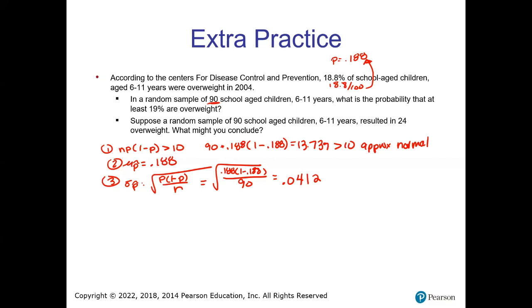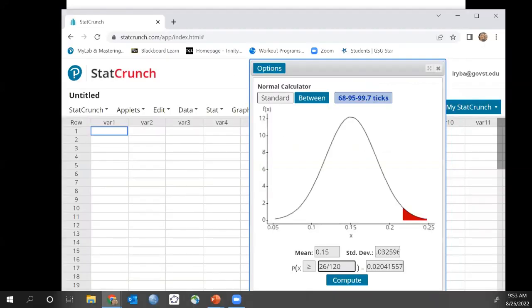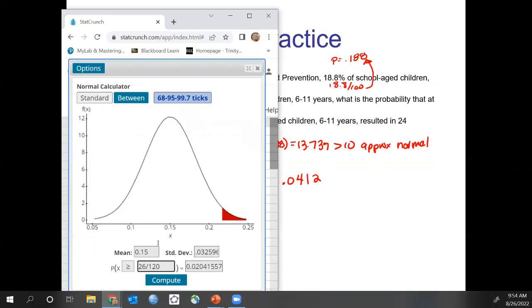All right, so then we want to check now, what is the probability that our sample proportion is at least 19%? So that means greater than or equal to 0.19. I'll open my StatCrunch here, and I'm going to shrink it down a little bit just so I can see everything that I need to see.